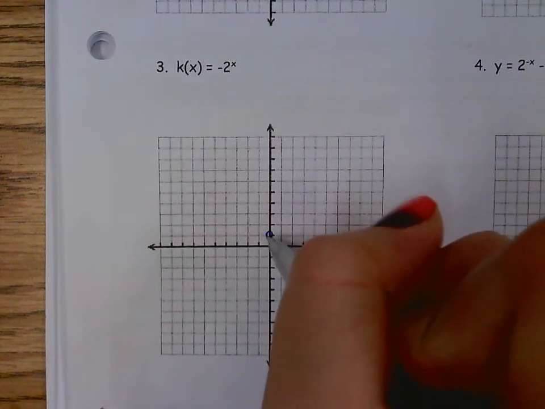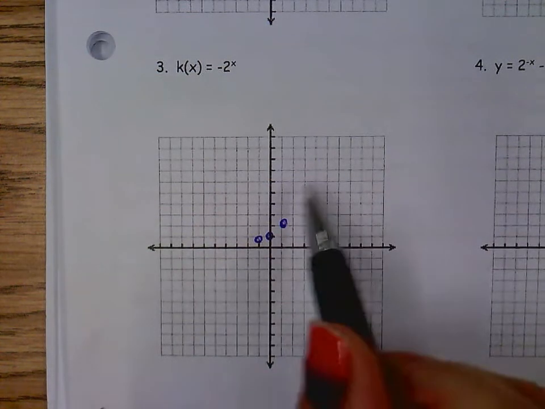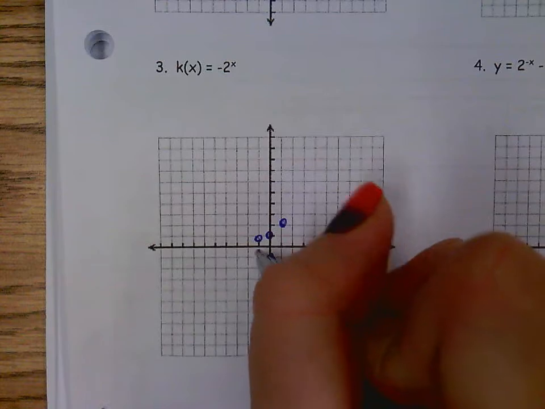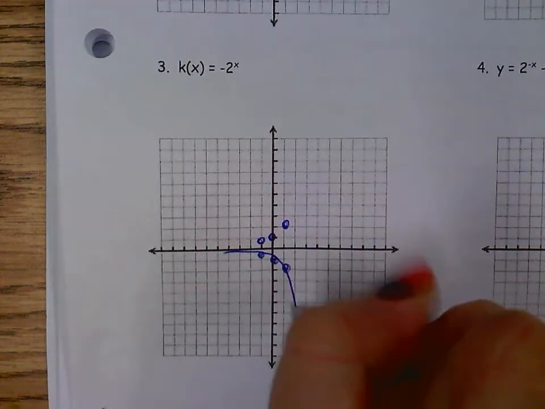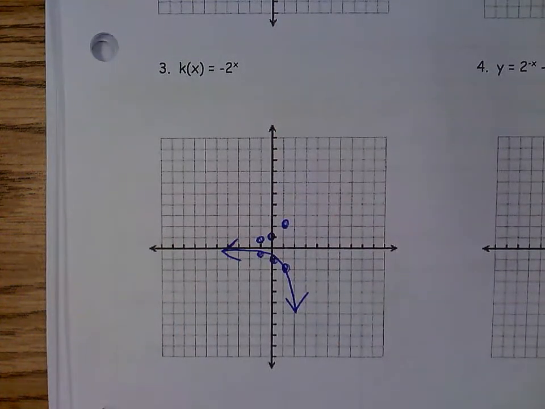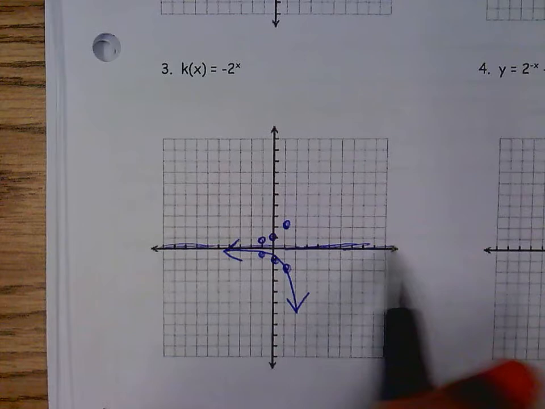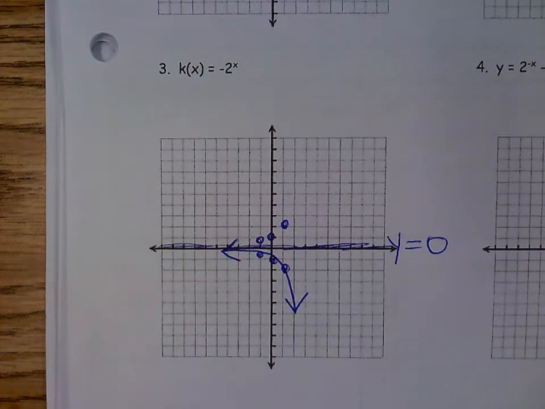So if I was going to put my original function, it would look like that. If I'm going to flip it upside down, it would just be those 3 points flipped upside down like that. So there you go. And y equals 0 is still the asymptote, since it got flipped over upside down.